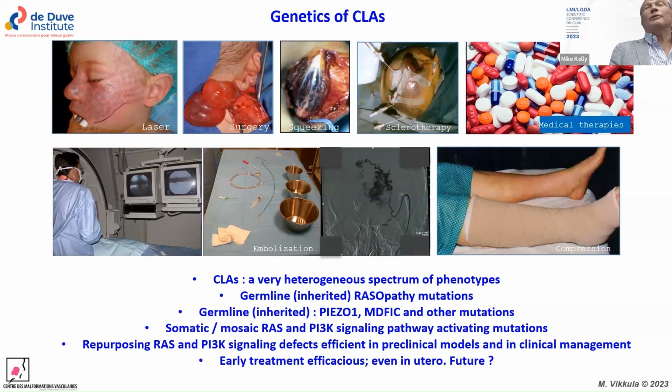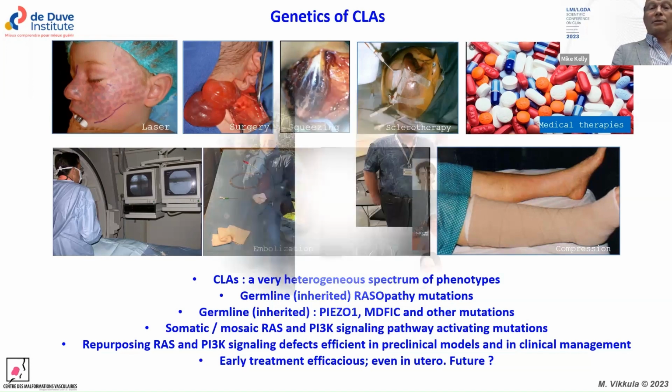But I think the big question then is, well, when and with what, which molecules? Sirolimus luckily has been used already for many different diseases, so we have much more knowledge. So it was much easier to start with that, even if we didn't know that the baby had a PI3 kinase mutation. We did find it a posteriori, but we didn't know that in utero.